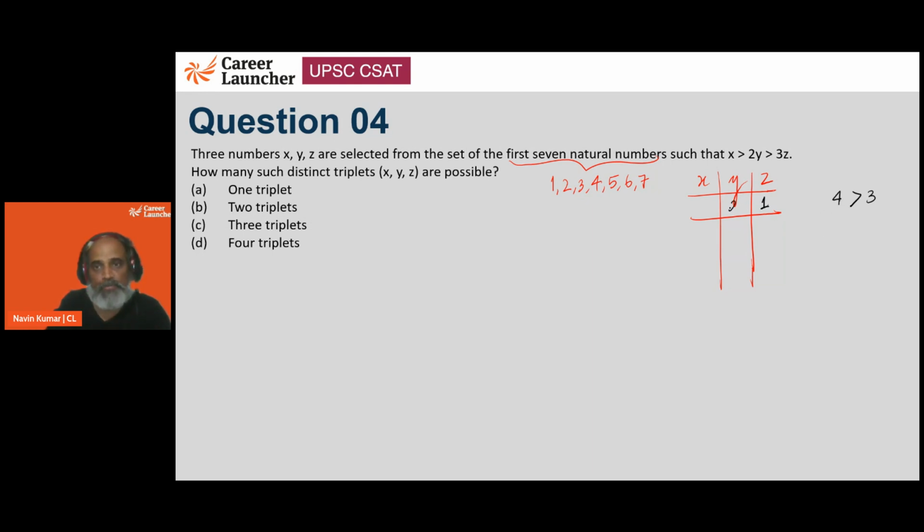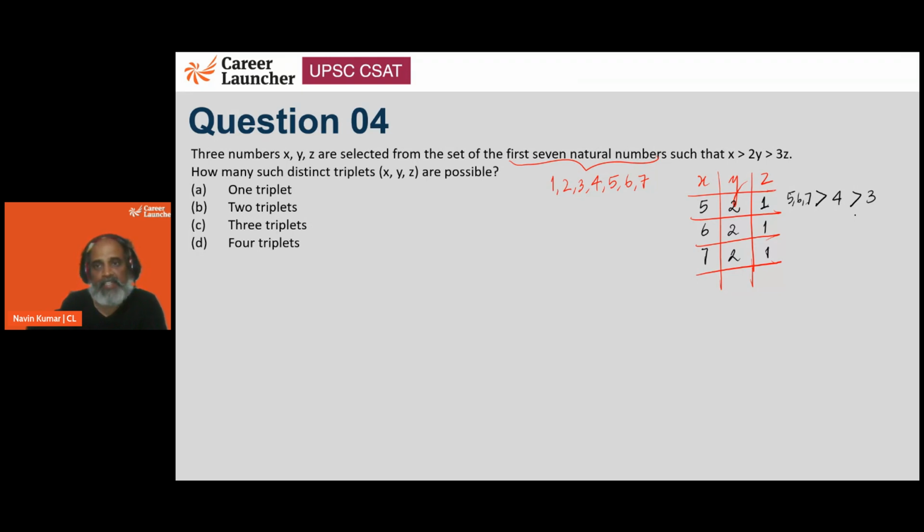So y has to be 2, which is less than x. X can take 5, or it can take 6, or it can take 7. So basically, we will have 3 cases with the same value of y and z, but x is going to be different. So we will have distinct triplets here. Triplet here means since we are dealing with 3 values. So this could be 5, 6, or 7.